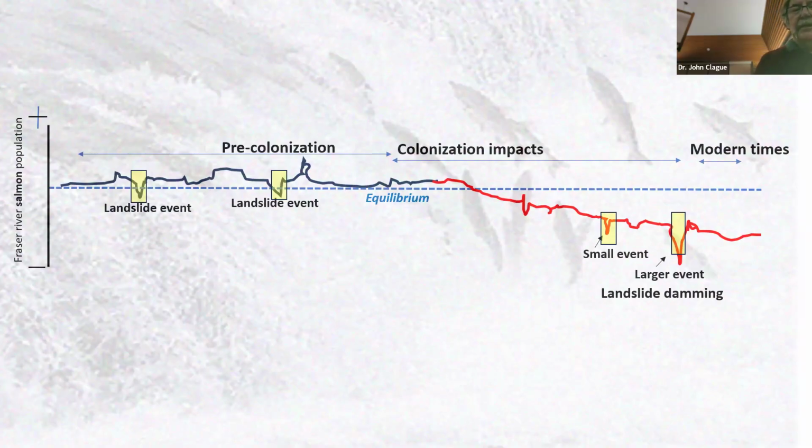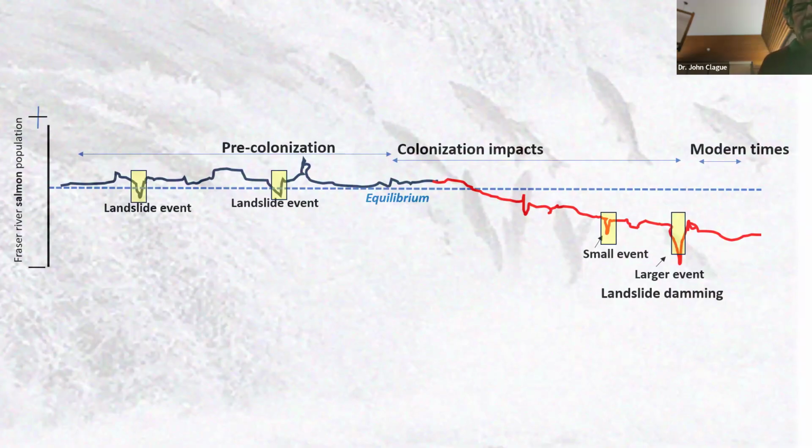Salmon are one thing, but I think we do have to concern ourselves with the possibility that we could experience an unprecedented, very large blockage of a river like the one in Texas Creek 2,000 years ago, maybe on a shorter time scale. We don't know what impact climate change is going to have on the number and size of landslides that are going to occur in the future.